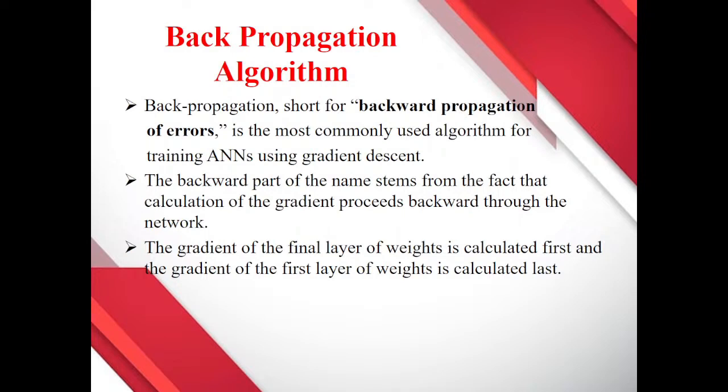In our neural network, whatever neural network we are using, it is a feed-forward neural network, and in that network the data flows from input to output. In the backpropagation algorithm, whatever output we get, that error is fed back through the neural network, adjusting each weight.